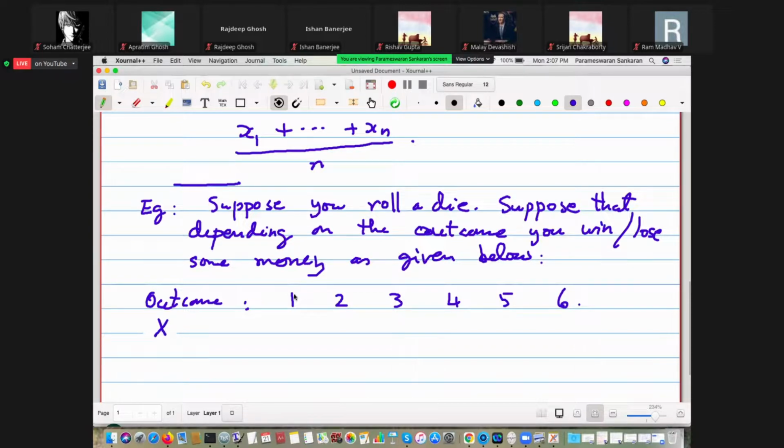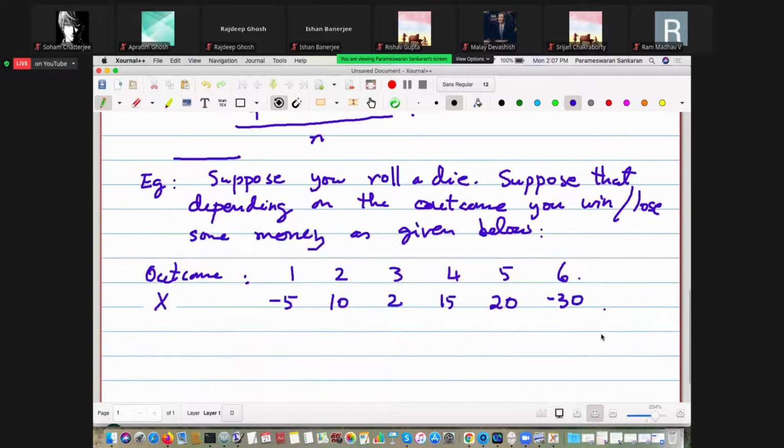X associates to each outcome the amount you gain or lose. So let us say if you throw 1, you lose 5 rupees, so minus 5. If you throw 2, say you gain 10 rupees. This way you get 2 rupees. This way you get maybe 15 rupees. And here you get 20 rupees. And here you lose maybe 30 rupees.